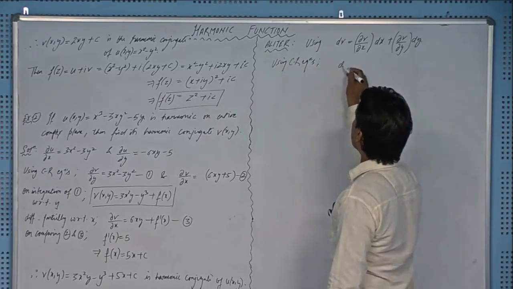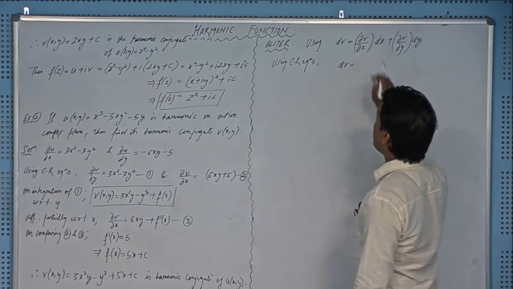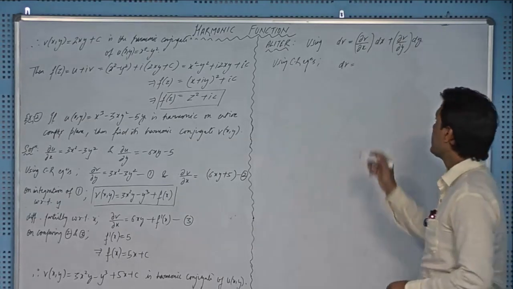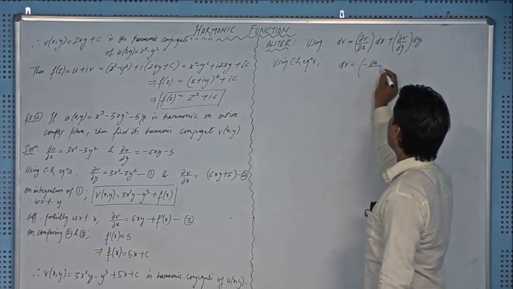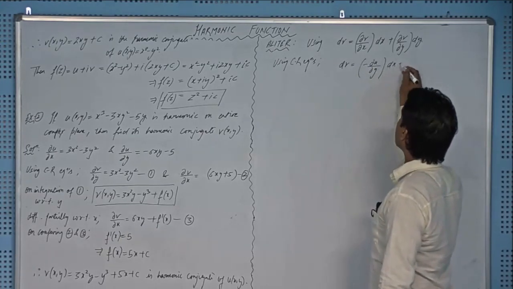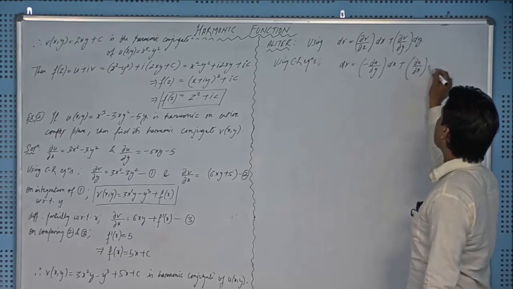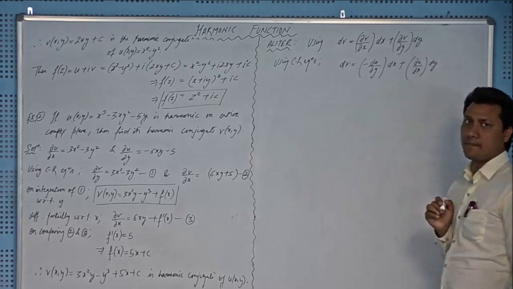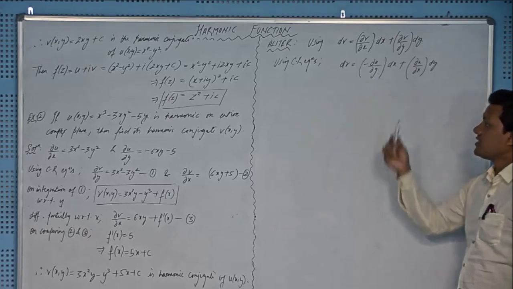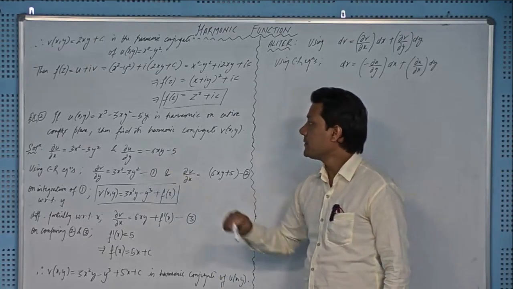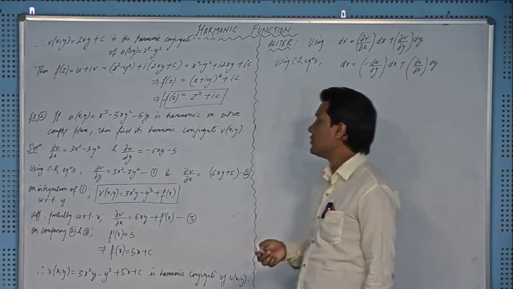equations, you have to use CR equations. This will become dv equal to, since del v over del x is actually equal to minus of del u over del y, negative of del u over del y dx plus del v over del y is equal to del u over del x dy. Now this is my del u over del y, and this is del u over del x, right?